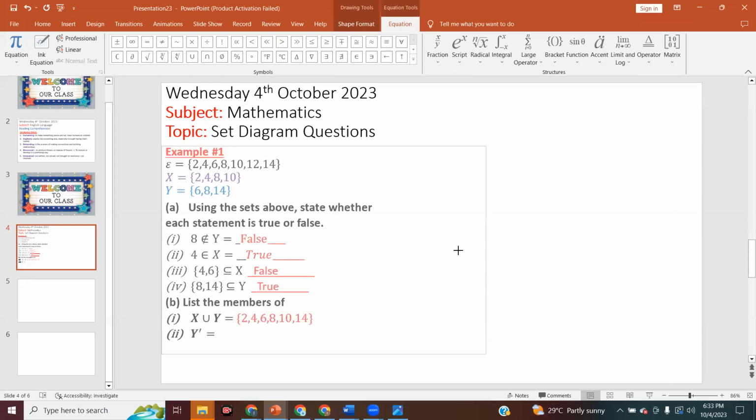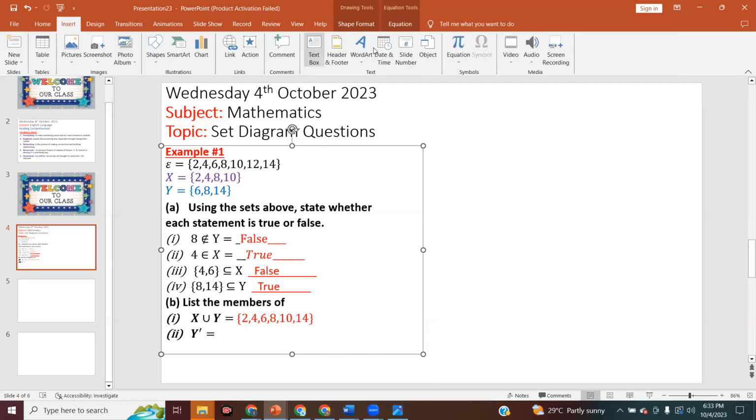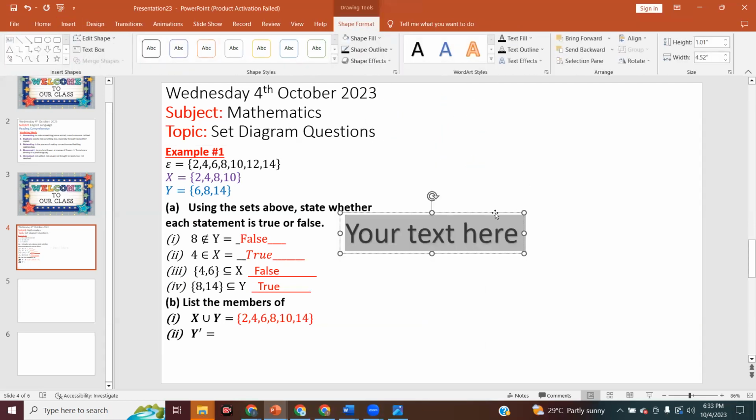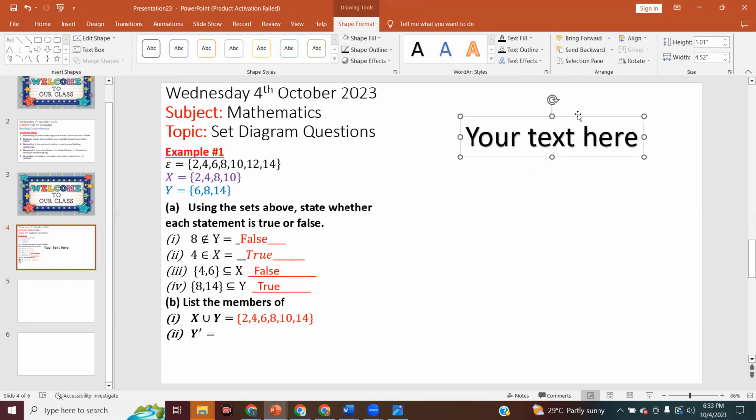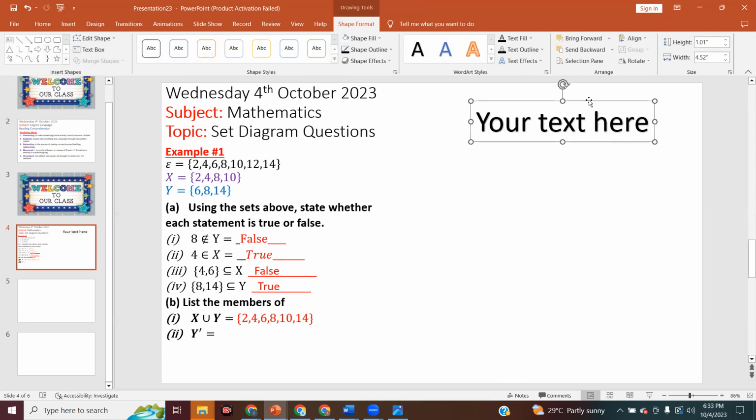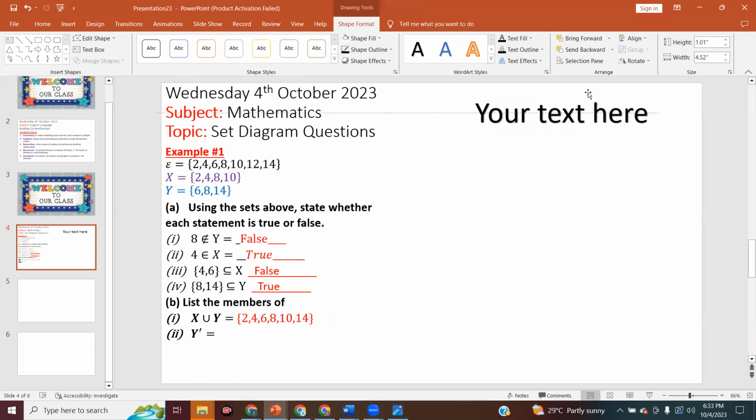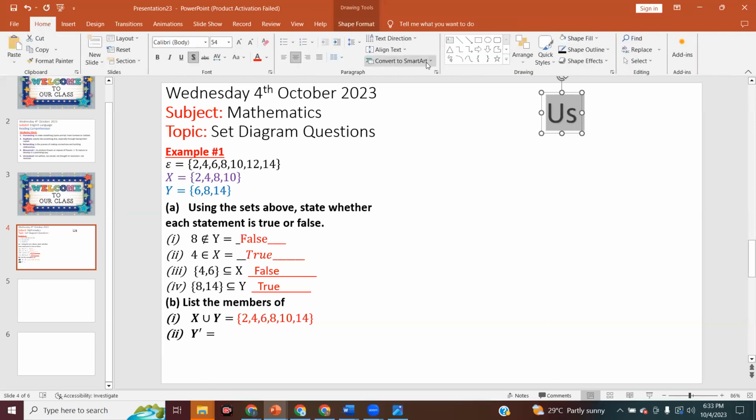What is that going to be? Put your answers inside the chat, please. List all of the elements in Y complement.